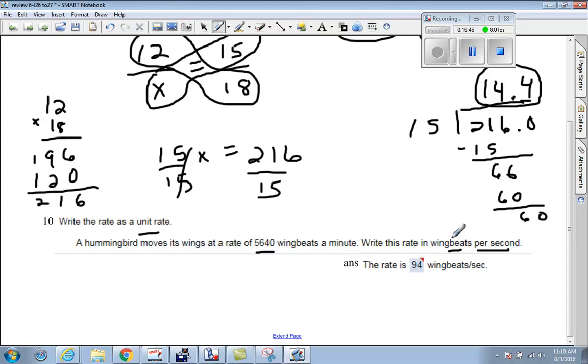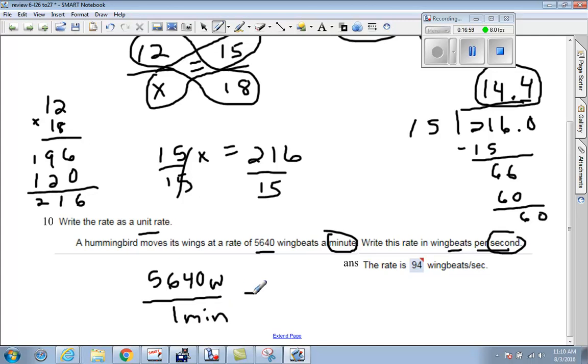It wants it per second, but we have it per minute. So just think about this. 5640 wing beats in 1 minute is question mark wing beats per second.